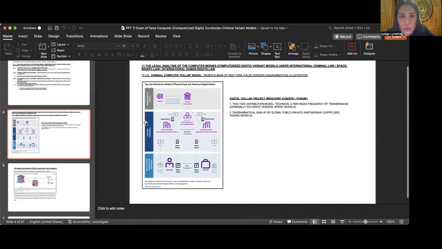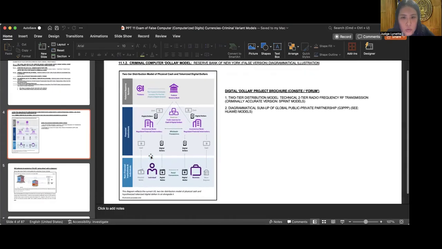So this two-tier distribution model of physical cash and tokenized digital dollars, with terms like token and account, and the meaning of tokenized under the broad traditional old meaning of the two-tier banking system, will be explained in the PowerPoint Computer Yuan, which is PowerPoint 7.